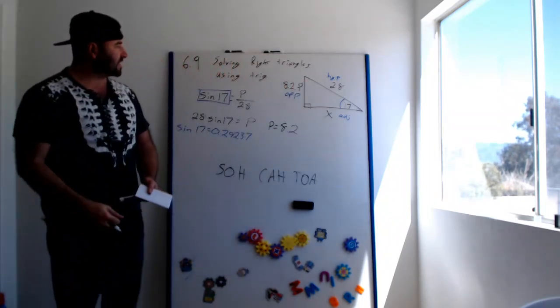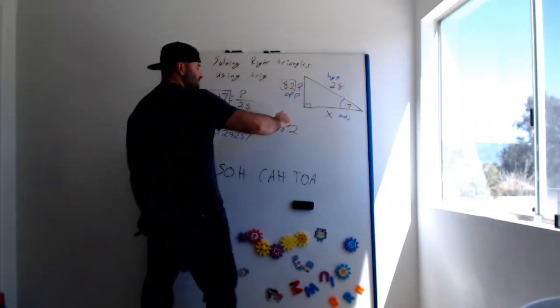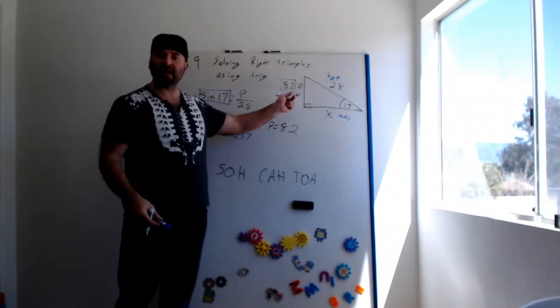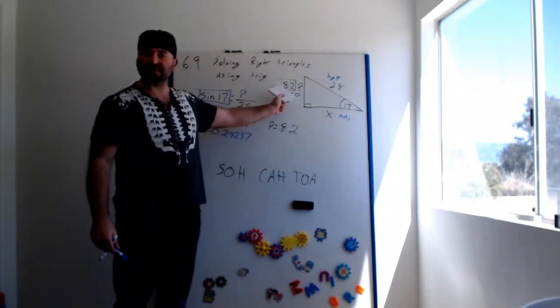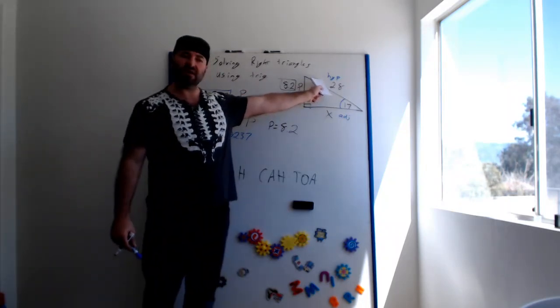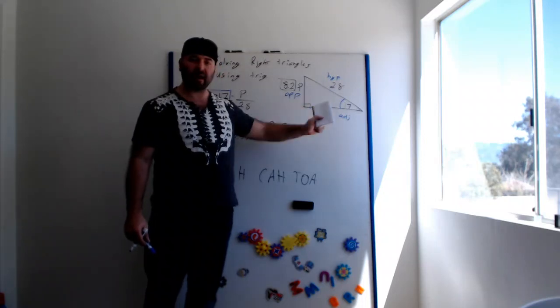Now we're going to do the same thing for X. Since this is a rounded answer or truncated answer, I don't want to focus on P or using the opposite side. I want to focus again on just the hypotenuse, and in this case the adjacent and the hypotenuse.